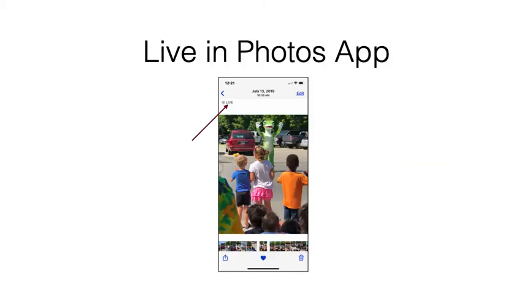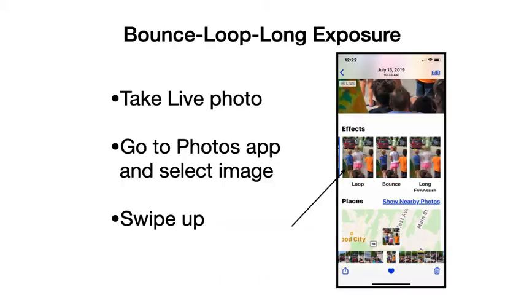If you're looking for live photos in your Photos app, they will be labeled, and you see the arrow pointing to the word live. So let's take a look at these special effects called bounce, loop, and long exposure.